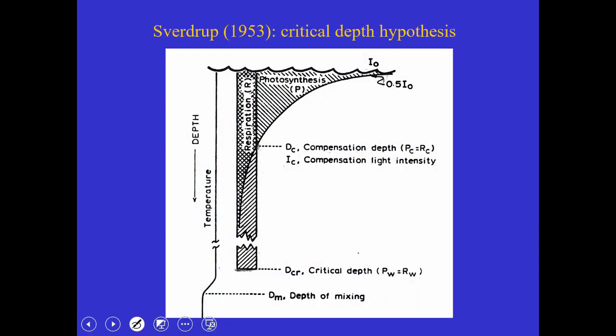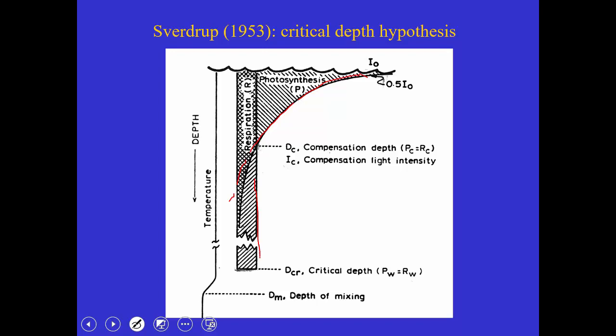So let's walk through this a little bit. This is a diagram from that 1953 paper showing again the exponential decrease of primary production. That's exactly what light does. And again, here's respiration. It's constant with depth. And he noted two important depths in this relationship.